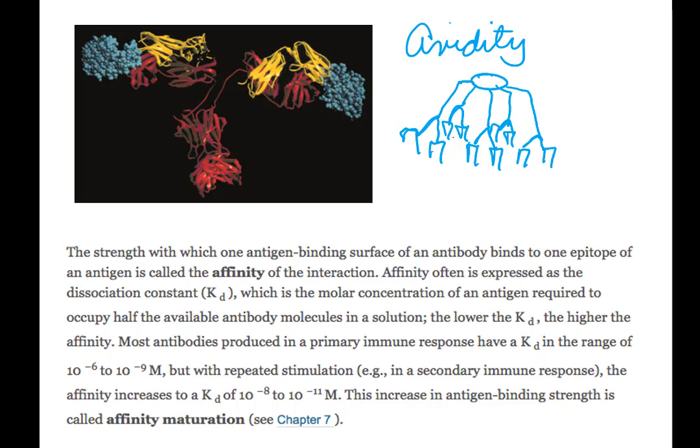So affinity is how well a single antigen binding site binds. Avidity is the strength of multiple binding sites. Is that just specific for like one antibody with a polymer, or is it? So in immunology, we talk about affinity and avidity all the time of every antibody, how well it binds.